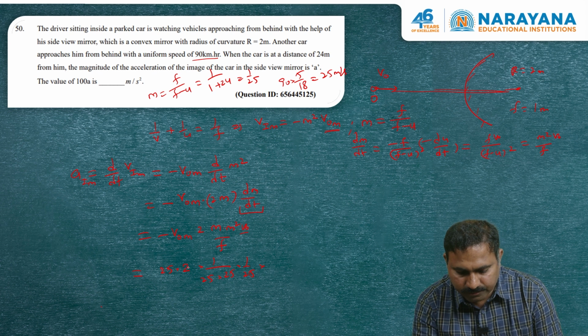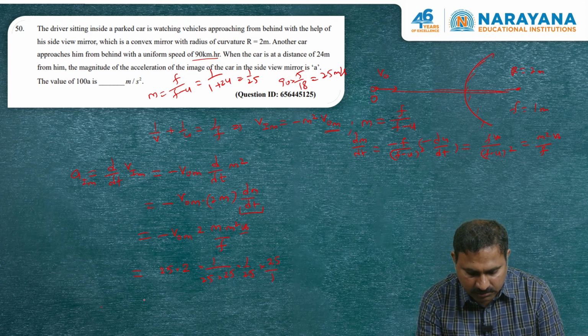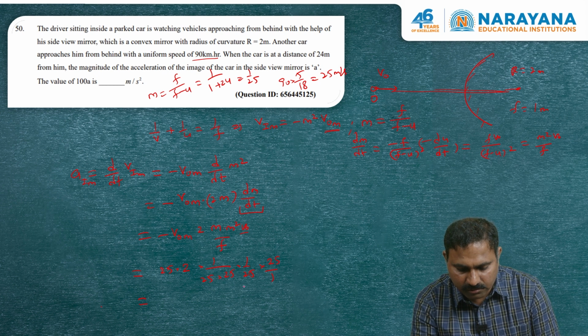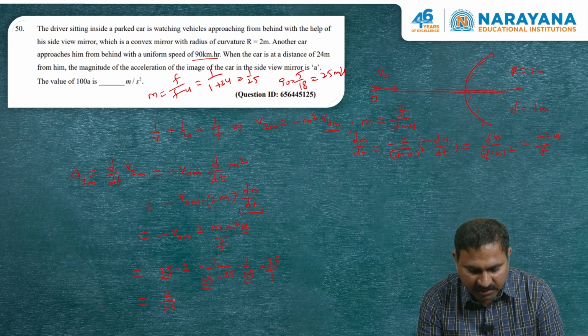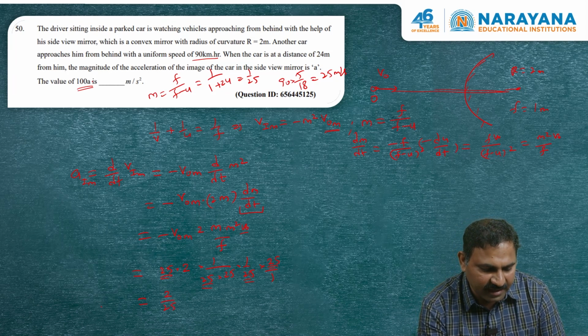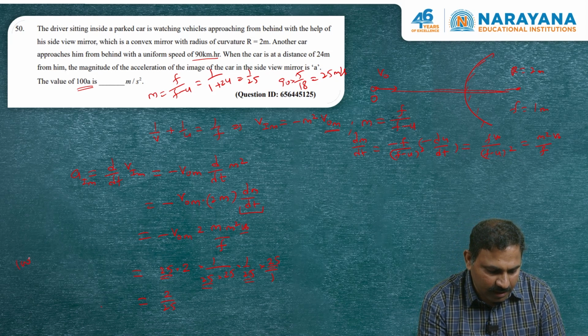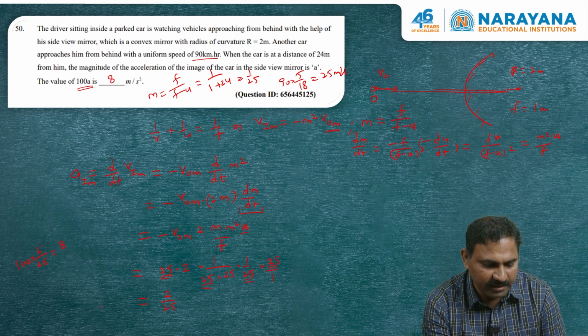So, one more v naught is 25, f is 1. Simplification of this comes out to be, 25, 25 get cancelled, 25, 25 get cancelled, we are left with 2 by 25. He is asking for 100 times of this. 100 into 2 by 25 gives 8. So, the answer will be 8 for this.